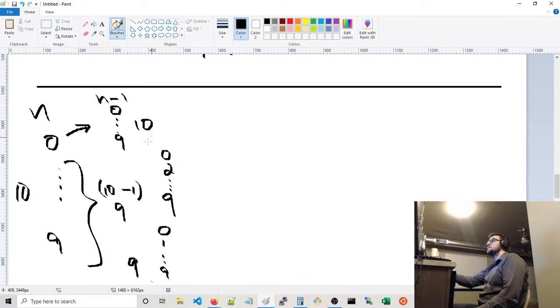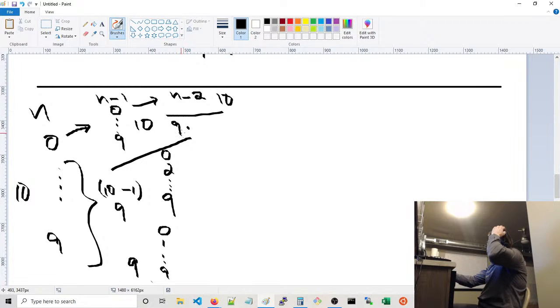Then for each of these, these split off, right? From here, if you pick 0, you have n minus 2 and 10 choices for those. Then for these, you have again 9 times n minus 2 choices, and it's 1 less character, right?